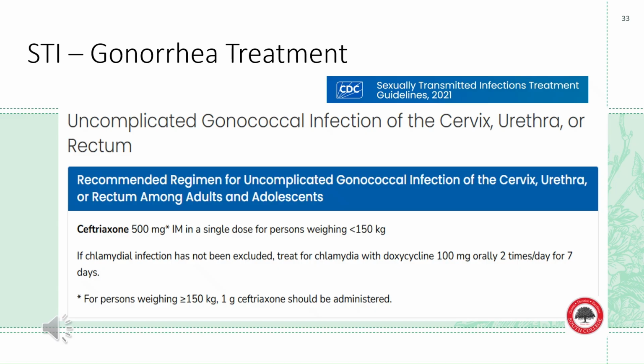To avoid reinfection, sex partners should be instructed to abstain from condomless sexual intercourse for 7 days after they and their partners have completed treatment and after resolution of symptoms, if present.